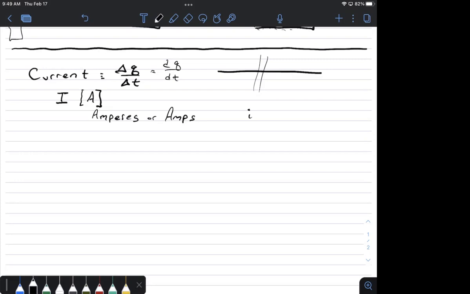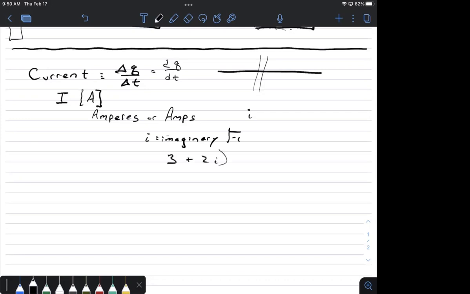Well, the problem is engineers say, hey, look, little I is good. But if you notice, physicists use I for the imaginary number, right? In mathematics, square root of -1, we refer to as I. And so we can have things like 3 plus 2I.